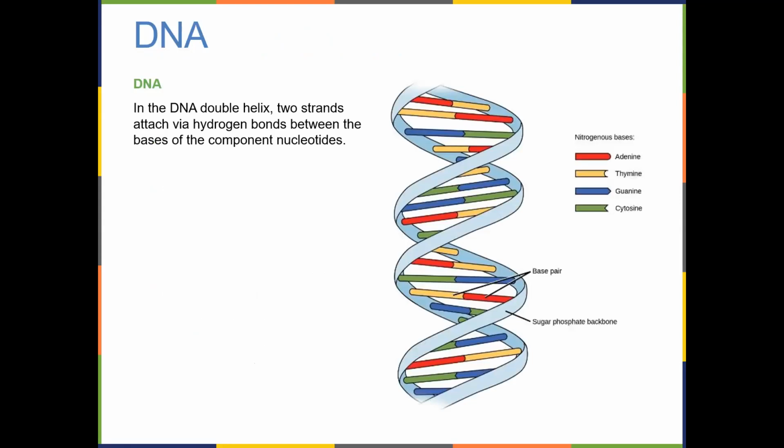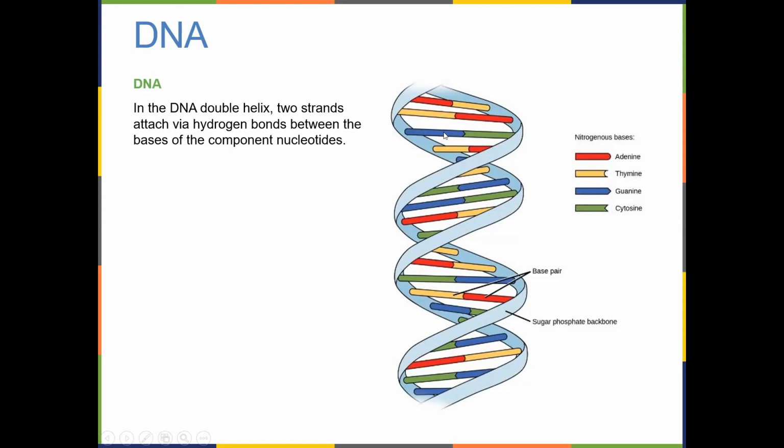This is what a DNA molecule looks like. It's a double strand. The bases are attracted to each other on the strand. As the strand is laid down on both sides, the bases develop hydrogen bonding across the strand. These are hydrogen bonds right here in the middle.